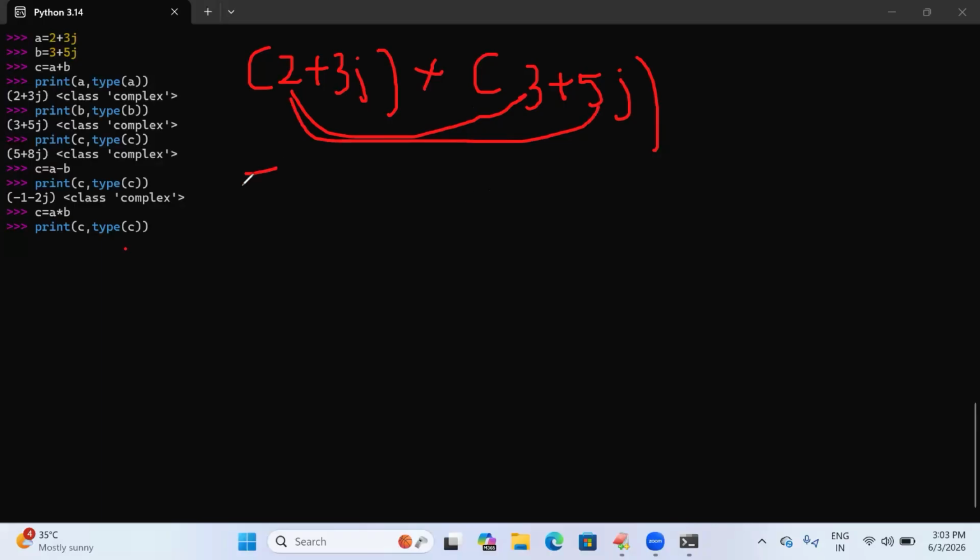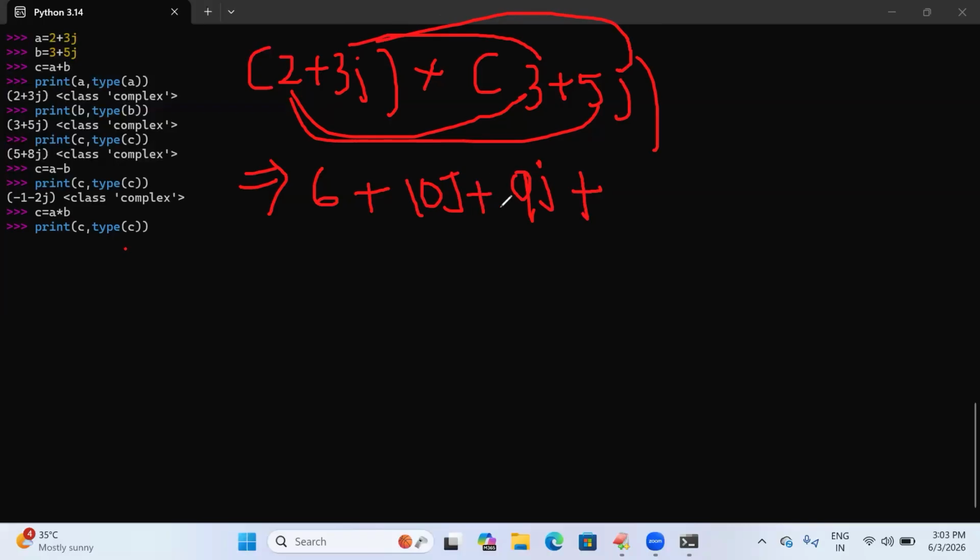So 2 3s are 6, plus 2 5s are 10j, right? We completed this with this, and we have to do this with this and this with this. So 3 3s are 9, right? 9j, because we have j here, plus. So 3 5s are 15. We have j here and j here, right? So j into j is j square.